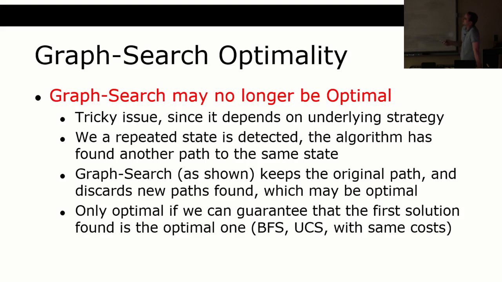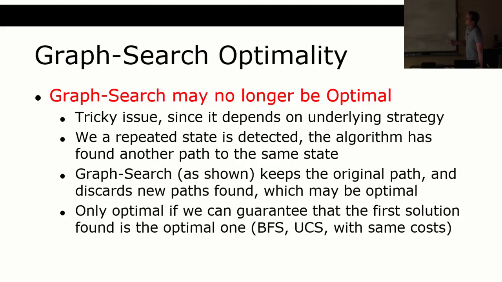But when a repeated state is detected, that means that the algorithm has found another path to the same state. If it finds another path, that path may actually be a better path. But we've already found the other path, which is worse, and we've told it not to revisit it, right? So that can be bad.